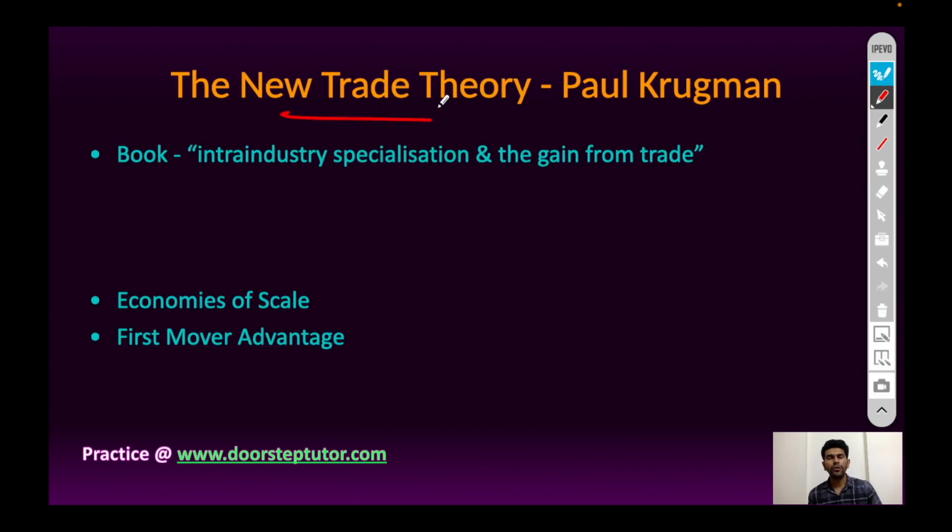According to the new trade theory given by Paul in the year 1970 in his book Intra-Industry Specialization and the Gain from Trade, even if India is a labor abundant country, it produces and exports labor intensive goods, but still it can import goods from another country.